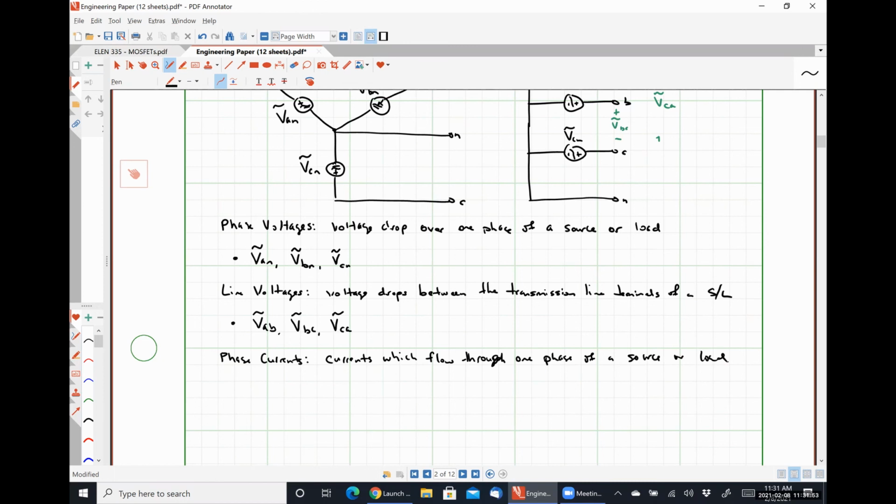And I am going to go one step further here and say specifically that it's going to be the current flowing from the positive polarity terminal to the negative polarity terminal.